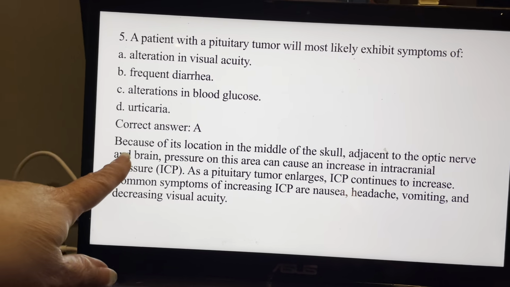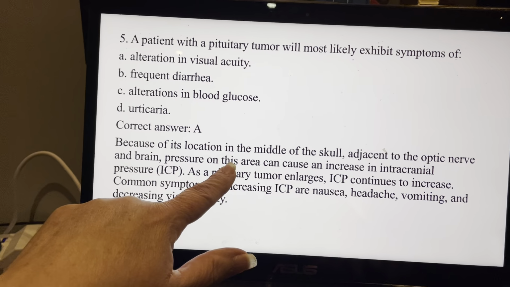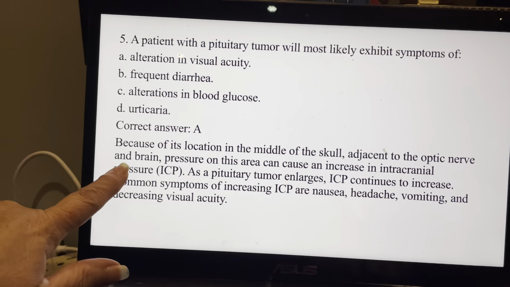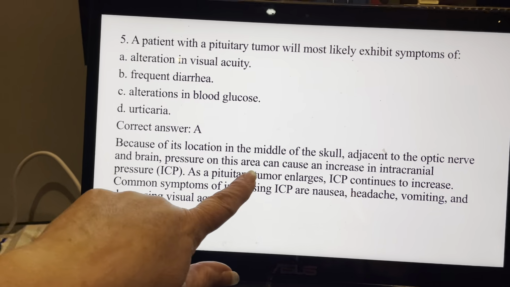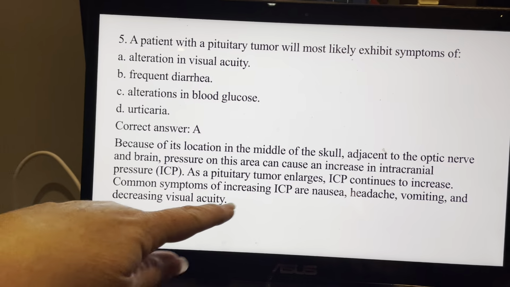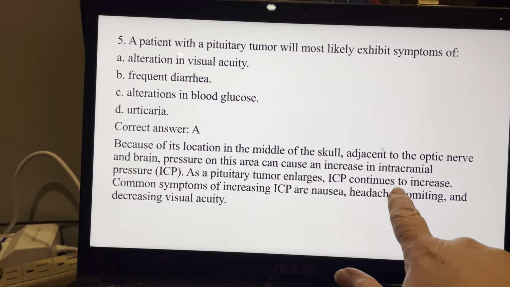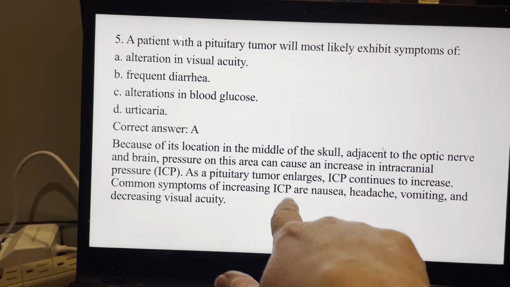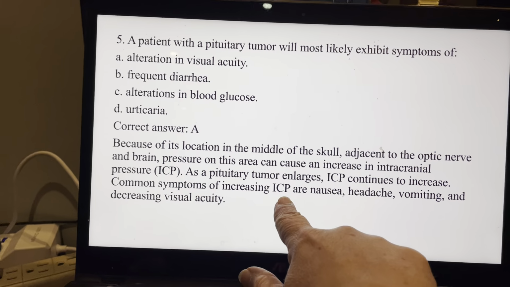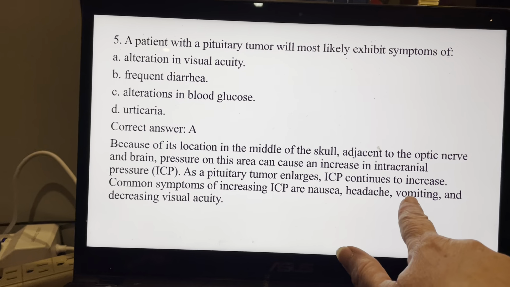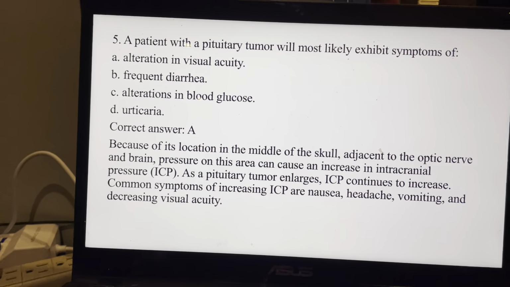A, because of the location in the middle of their skull, adjacent to their optic nerve and their brain, pressure on this area can cause an increase in intracranial pressure. As a pituitary tumor enlarges, intracranial pressure continues to increase. Common symptoms of increased intracranial pressure, my goodness, this will be on your NCLEX: nausea, headache, vomiting, and decreased visual acuity.